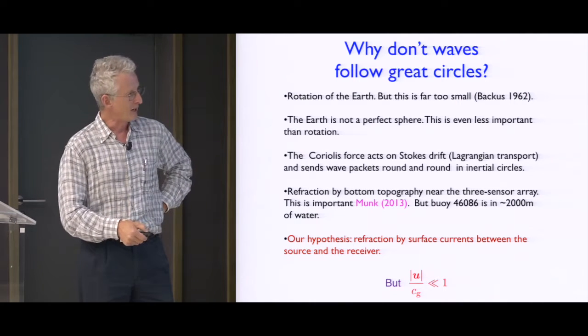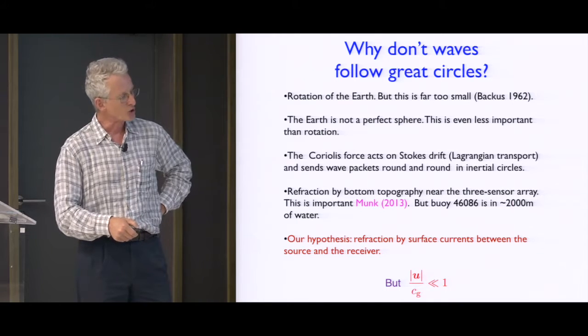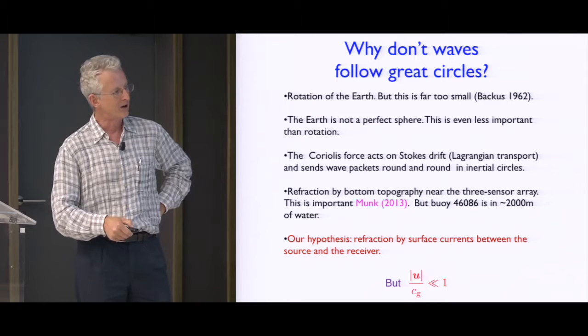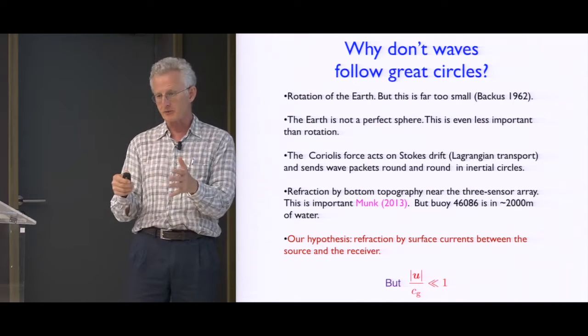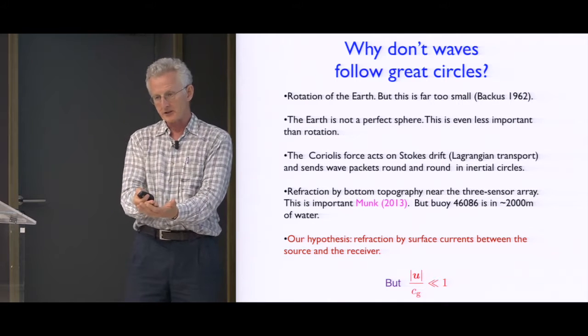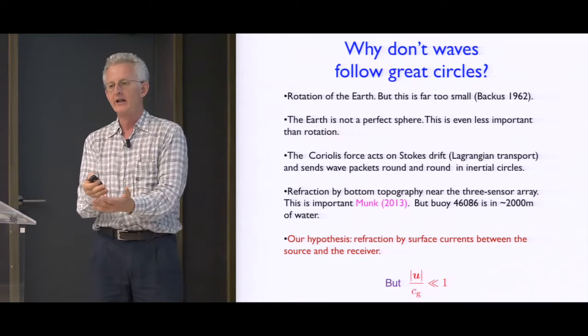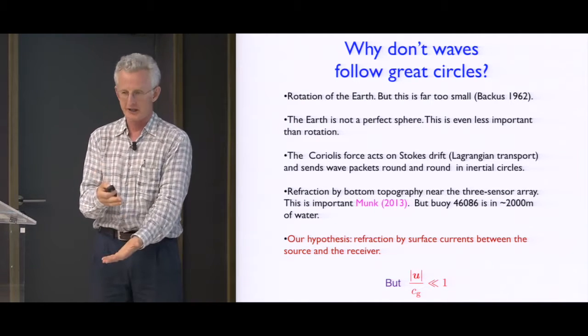Now, I'm going to be talking about refraction of surface waves by ocean currents. So the U here is the velocity of the water. Now, of course, as a wave propagates on the interface between air and water, there's an expression of the wave in both the air and the water. And so really, the wave will be affected by wind as well as by ocean currents.